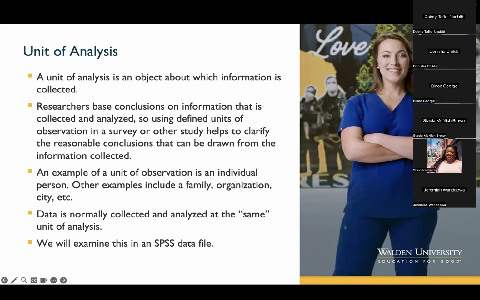But remember, it's all at that same unit of analysis, and that's going to be very critical and important when you're conducting research. And normally you collect and you analyze that data at the same unit of analysis. We'll make sure we translate this concept into a better understanding once we get into SPSS, okay?